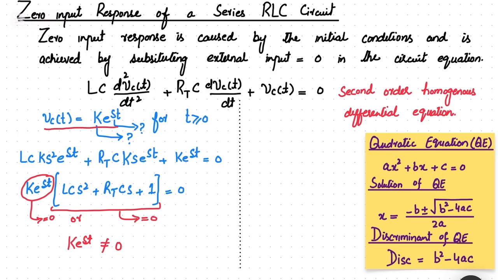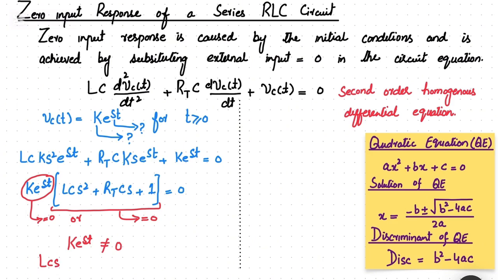Because this is the general solution of the given homogeneous differential equation, and if this general solution becomes equal to 0, it means the inductor and the capacitor, which are the dynamic components of the circuit, are not initially charged. There is no response existing. Vc of t is equal to 0 basically if k into e raised to power st becomes equal to 0. So k into e raised to power st equal to 0 is not a solution for us.